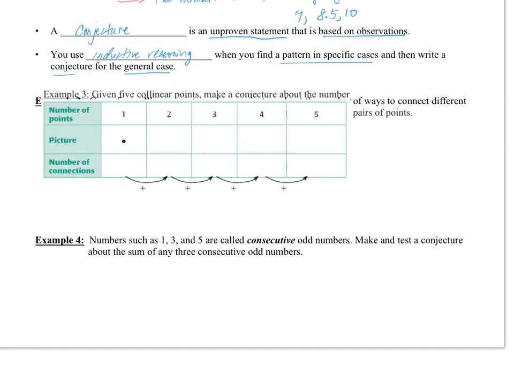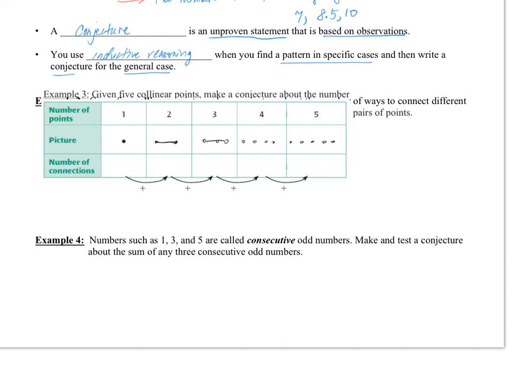Example 3. Given 5 collinear points, make a conjecture about the number of ways to connect different pairs of points. So let me first finish drawing my pictures. And 3 points, 4 points, 5 points. So if I have 2 points, they connected one way.